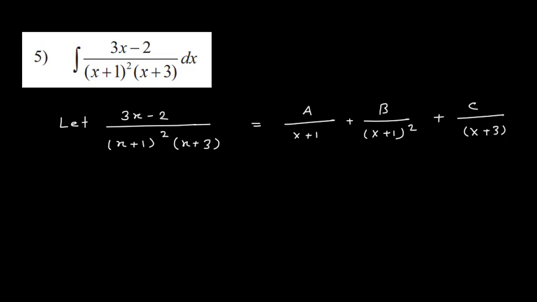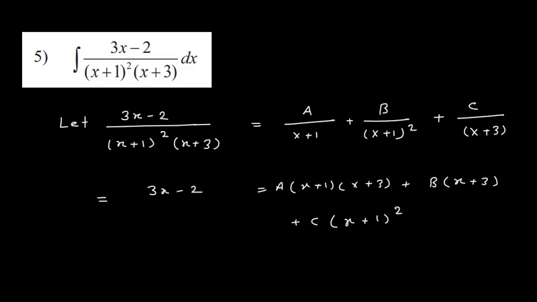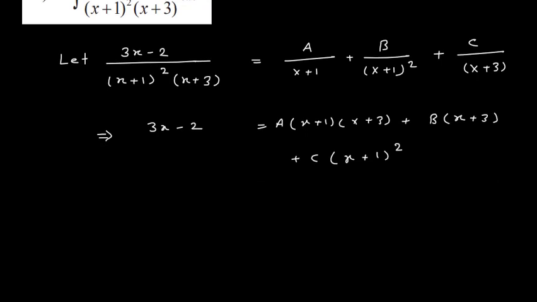Now next, in the same manner, you multiply a with x plus 1 and x plus 3, plus b you multiply with x plus 3, and plus c you multiply with x plus 1 the whole square, and on the left hand side you will get 3x minus 2. So from here we will get this statement. Okay, the denominator I have cancelled, I have not written it.